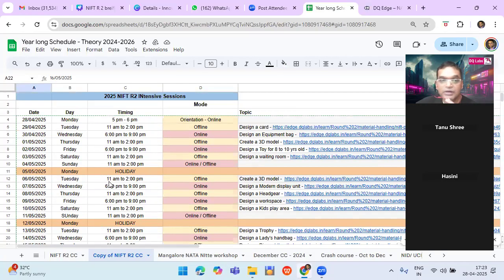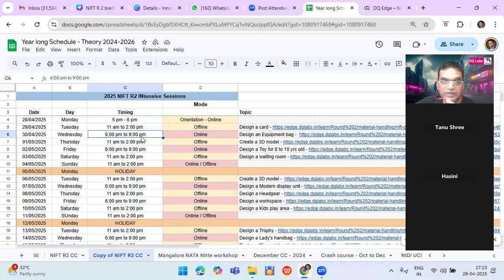Mondays will be holidays. Please note the timings. The offline classes are generally between 11 a.m. to 2 p.m., and these offline classes are happening at Indiranagar only. And then the online sessions, of course, happen online.